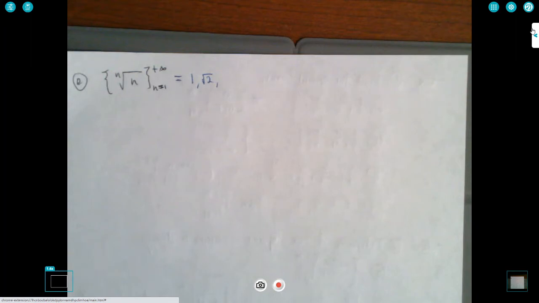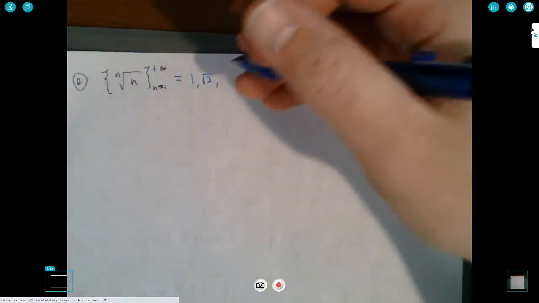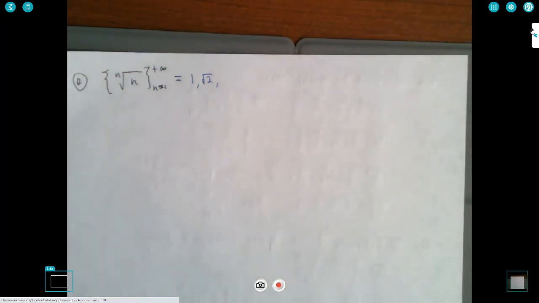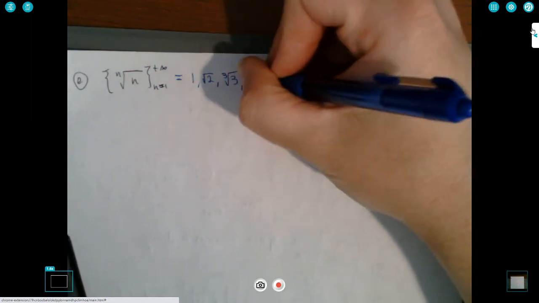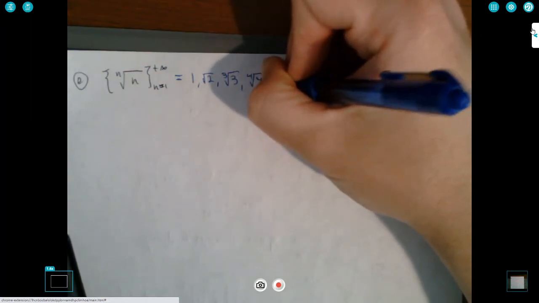So 2 to the 1/2 is, yeah, like 1.414. Then you'd have 3 to the 1/3. So you get cube root of 3, and of course 4th root of 4, and so forth.